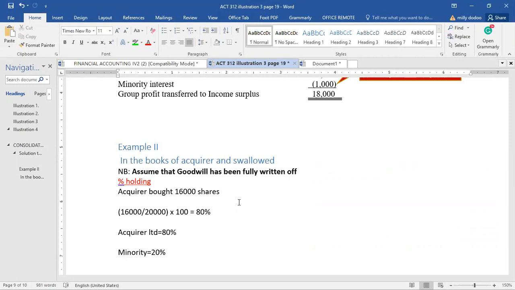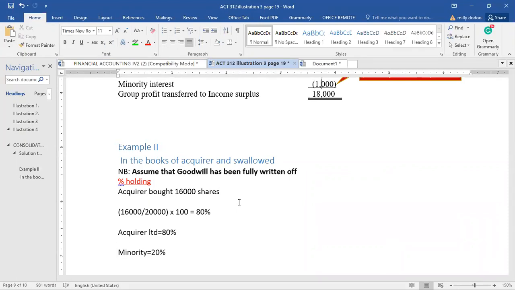Now we're being told that Swallowed is having 20,000 shares, and Acquirer alone bought 16,000 shares.